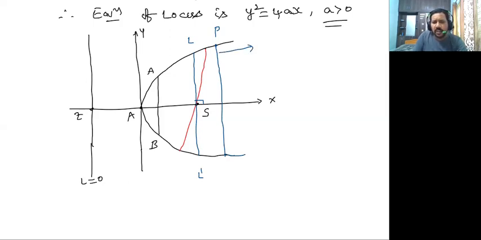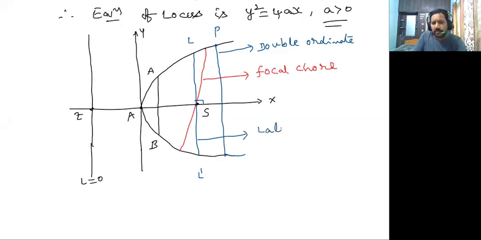Now see them one by one. This is a double ordinate. Next, the red color line is the focal chord. Next, this blue color line is the latus rectum.